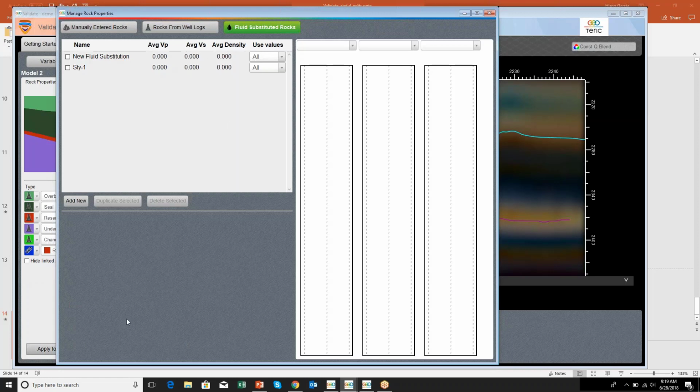So through the fluid substitution, yes, you'll be able to recognize differences between those two mixtures, so oil and water, or oil and gas.